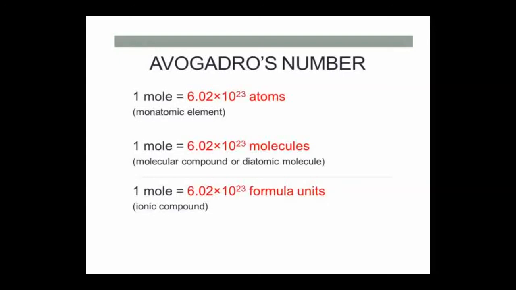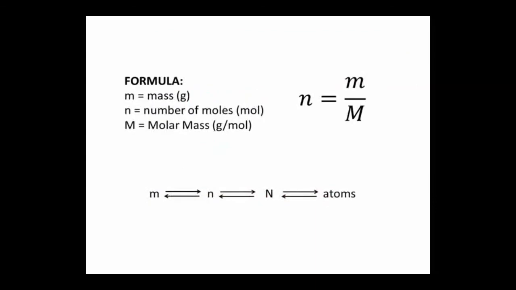So students, what will be the formula for number of moles? Here you can see a formula, n equals m by M. I'm repeating, n equals small m by capital M, where small m represents mass in grams, n represents number of moles, and capital M represents molar mass.